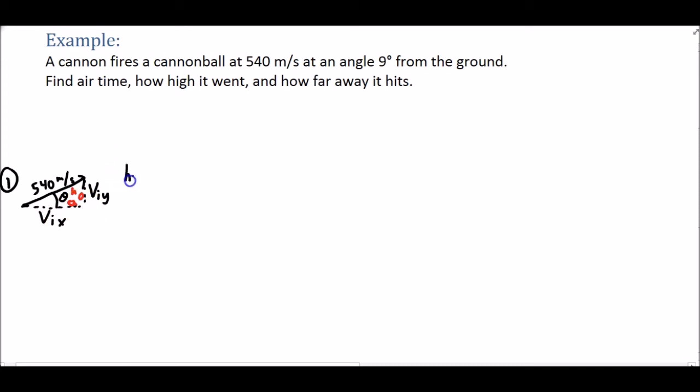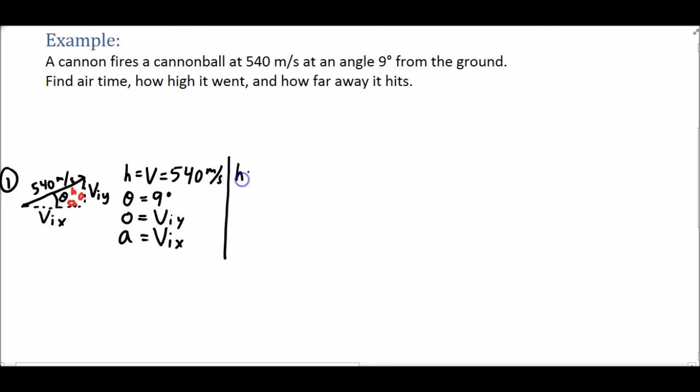So now our hypotenuse is our main vector, which is 540 meters per second. Our theta is 9 degrees. Our opposite side is our VIY, and our adjacent side is our VIX.